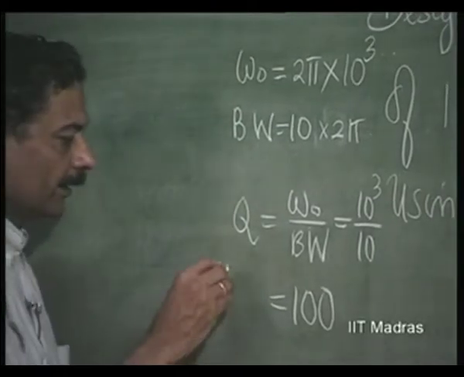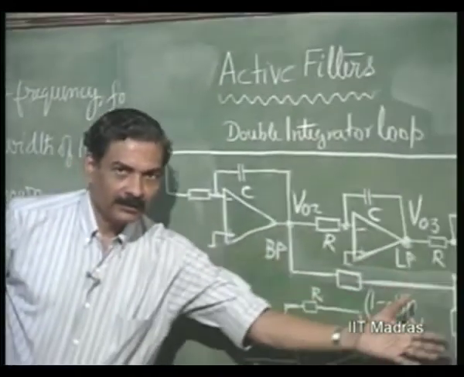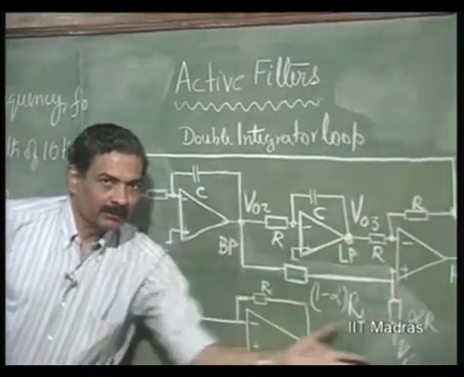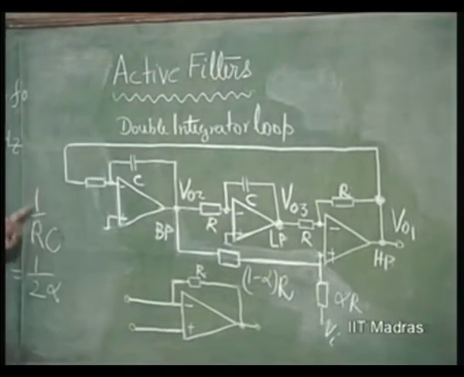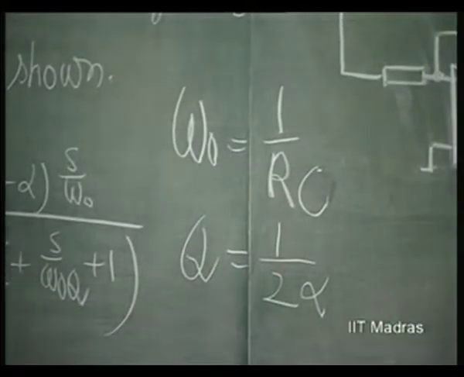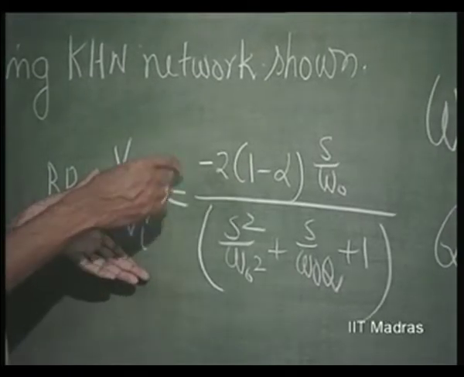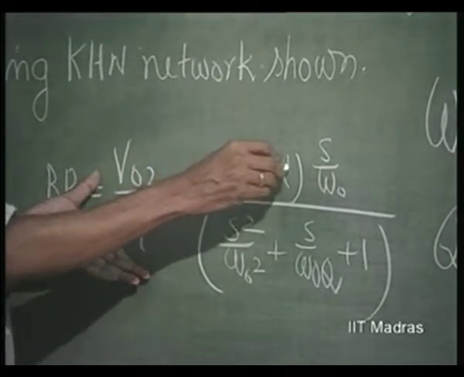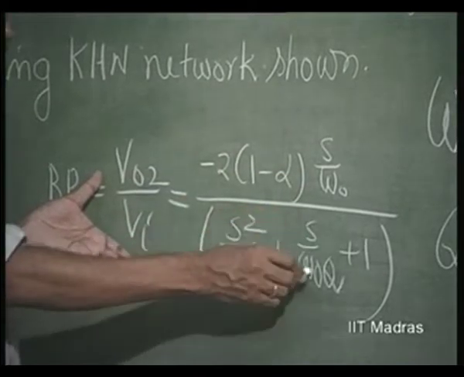This is our circuit, which is nothing but this complete circuit. We know that omega naught is equal to 1 over RC, Q is equal to 1 over 2 alpha, and the transfer function, which we had already noted, is minus 2 over 1 minus alpha times S by omega naught, over S squared by omega naught squared plus S by omega naught Q plus 1.